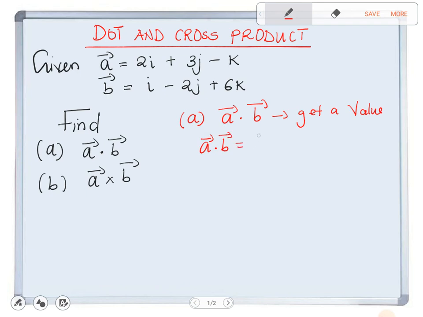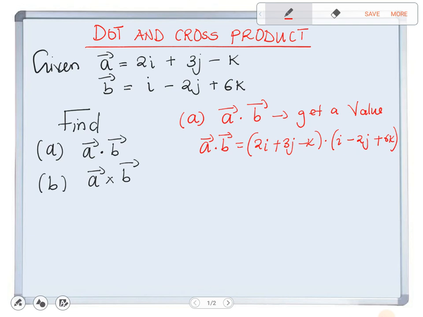So we are saying A dot B is, we put vector A here, 2i plus 3j minus k, dot, then you have i minus 2j plus 6k, then we close. So we'll be multiplying component by component.